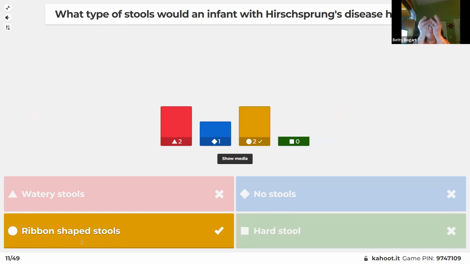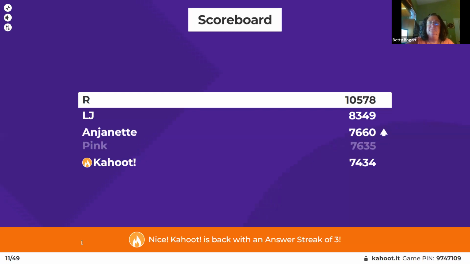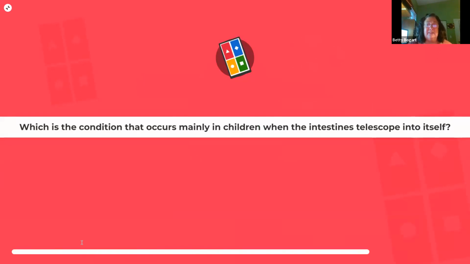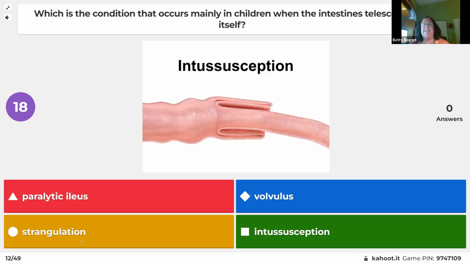And you might see it squirt out that tiny little tube in ribbon shape, just like when you have frosting that you do a cake decoration with, that big, and you push it, that tiny little ribbon that comes out, that's what it would look like. Which is the condition that occurs mainly in children when the intestines telescope into itself?